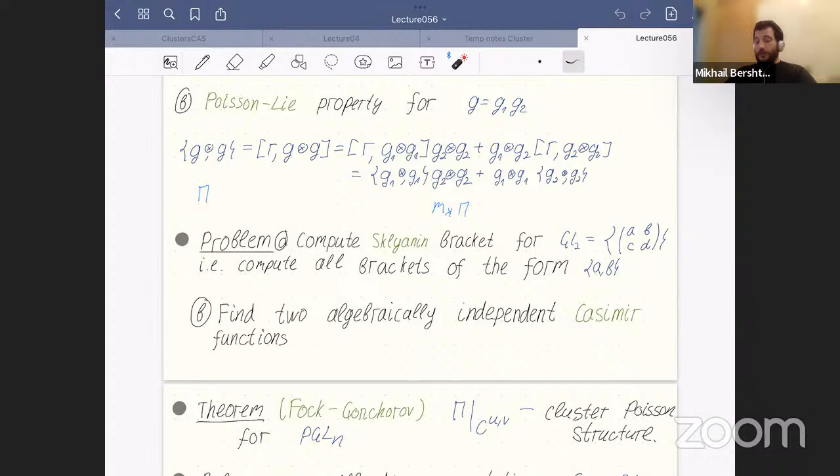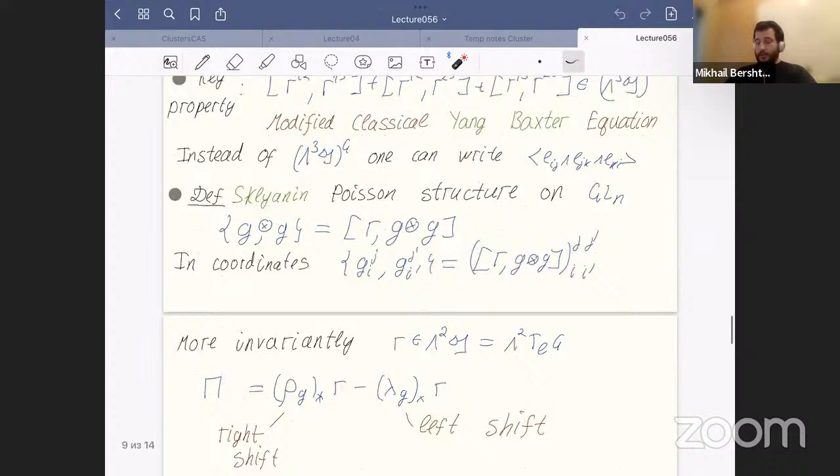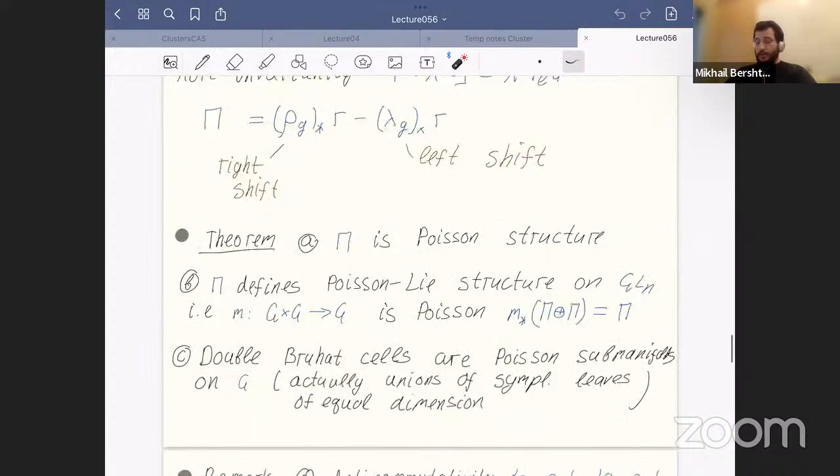As stated, the following property holds: we have a multiplication map m from G times G to G, and the image m star of pi plus pi is equal to pi. Here pi is a Poisson bivector, an element of the second power of the tangent bundle.